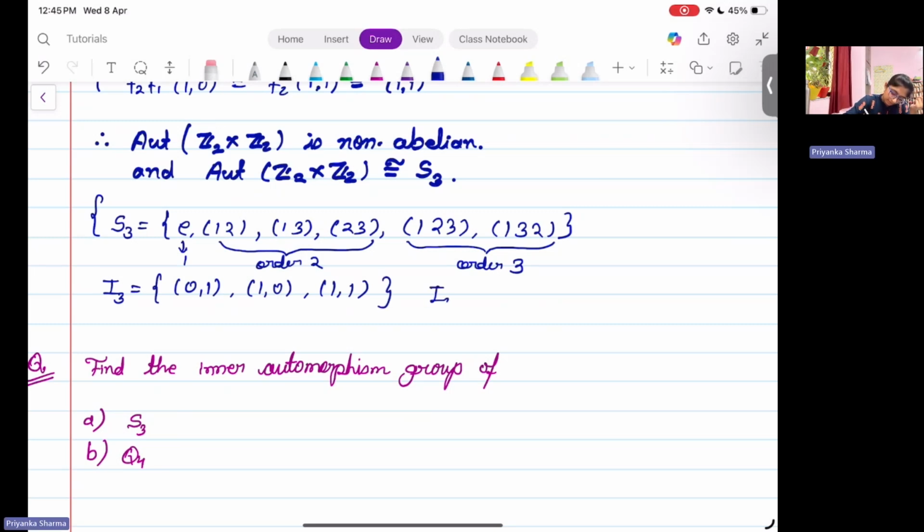As we have I3 as {1, 2, 3}, in S3 we take bijections from I3 to itself.